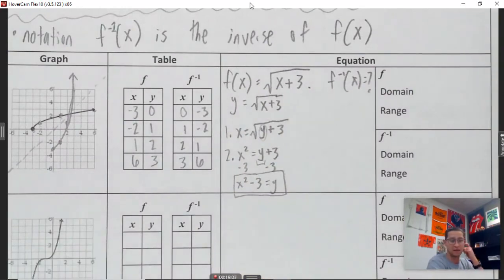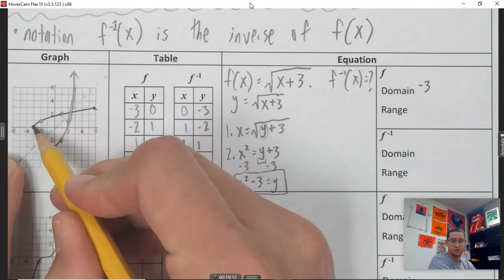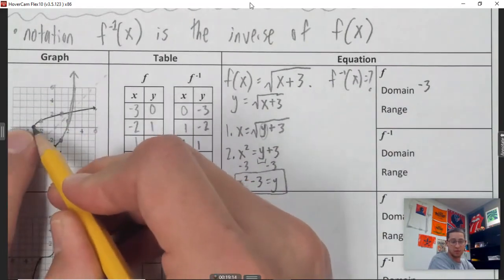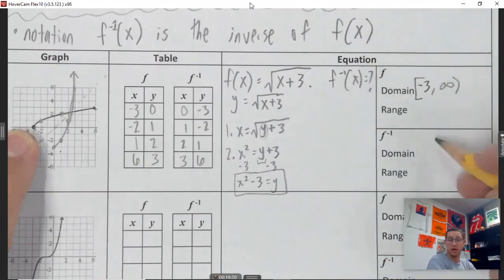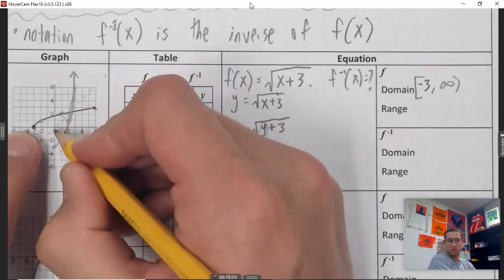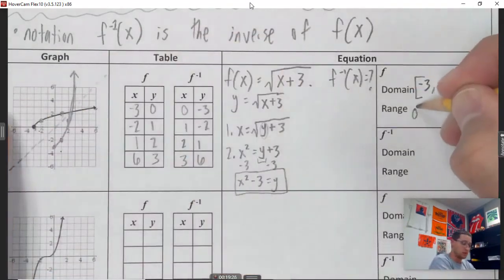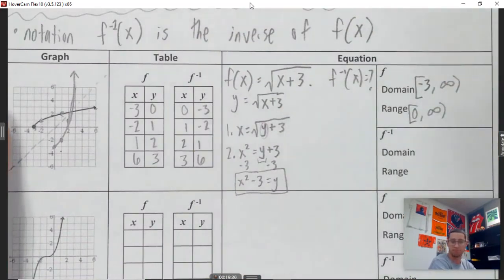The domain starts at negative 3. It does touch that point, so I've got a bracket, and it's going all the way to infinity. Range: my lowest y value is at 0, so 0, comma, infinity, and then it goes up from there.